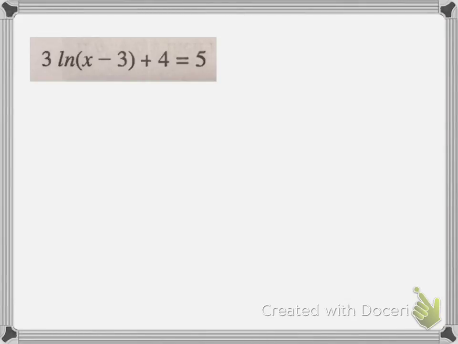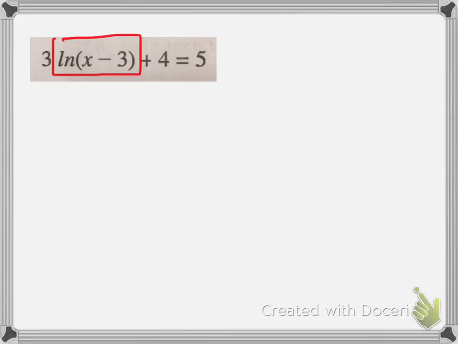All right, so then for this one, we have this problem, and we obviously already do have an ln in this problem. So this time we're going to go to the left side of the flow map, and it says use properties to write as a single logarithm. So it is already in a single logarithm. The only issue is that my logarithm is not by itself. So we need to get just the ln of x minus 3 by itself.